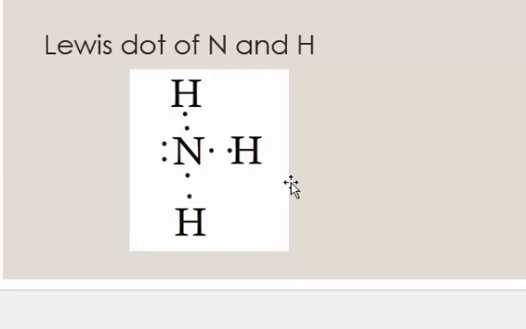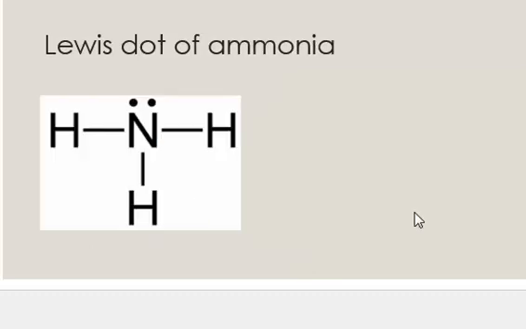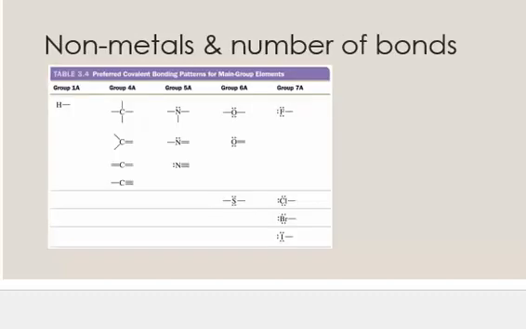Each of the 3 hydrogen atoms can share its electron with one of those 3 unpaired electrons on nitrogen. We draw those shared electrons as lines, and the Lewis dot structure of ammonia has 3 lines, which represent covalent bonds between nitrogen and hydrogen, and 1 lone pair on nitrogen. According to Table 3.4, this is a bonding pattern we would expect from nitrogen.